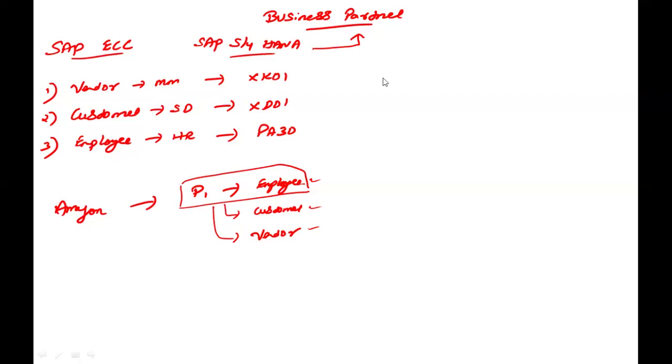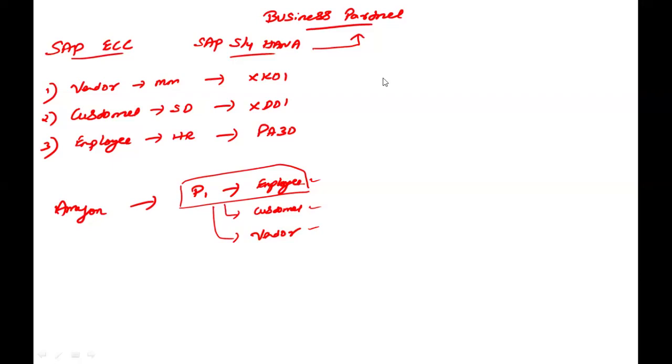And the second thought of creating the business partner is also to avoid all these transaction codes. So creating vendor, customer, employee individually is taking a lot of effort. Creating one by one is a huge effort.